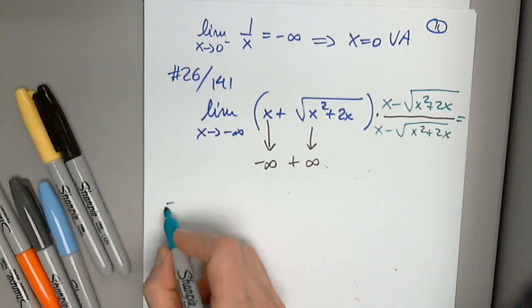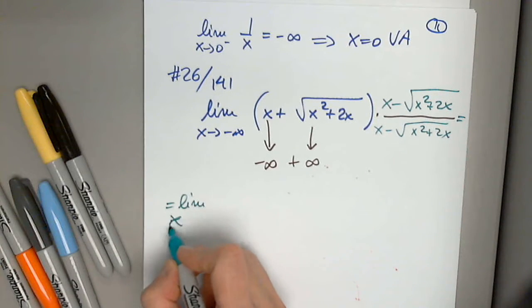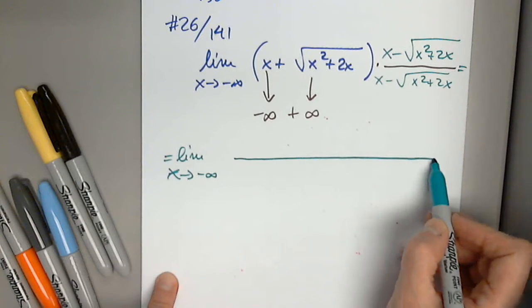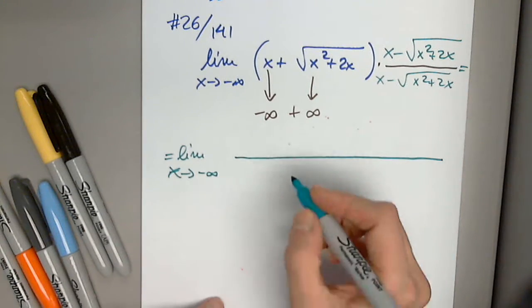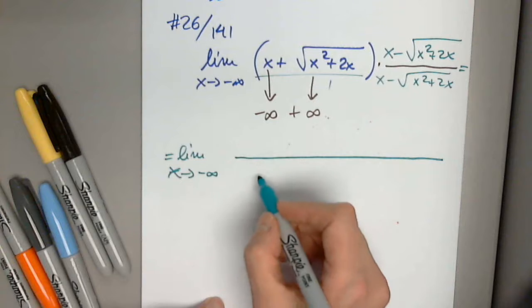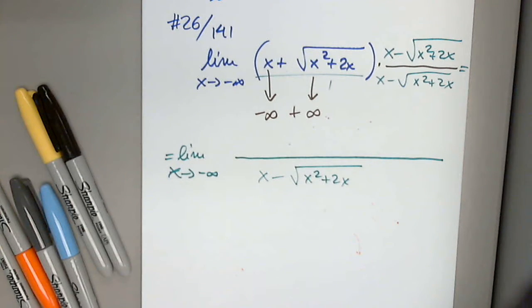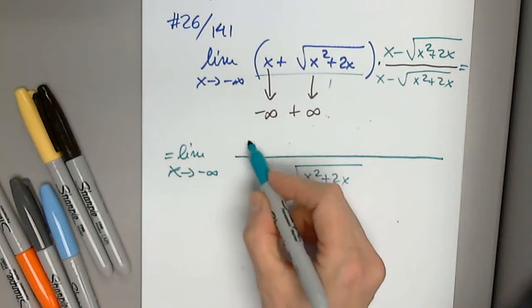Excellent. So limit as x approaches negative infinity. I'm going to write the easy one, which is the denominator, of course, because this is over 1. And please give me the numerator. Do not distribute, please. We are way ahead of that. x minus. Careful. First term squared minus the second term squared. So yes. Very good.